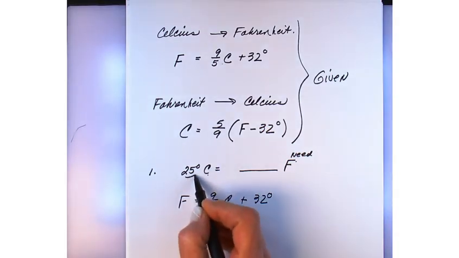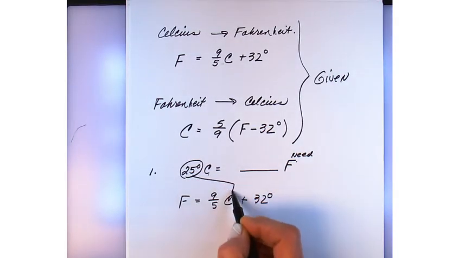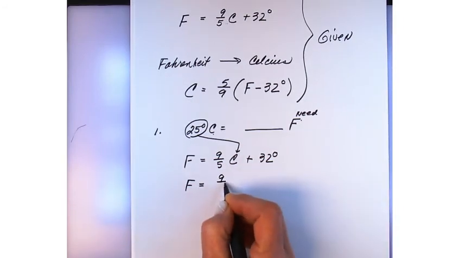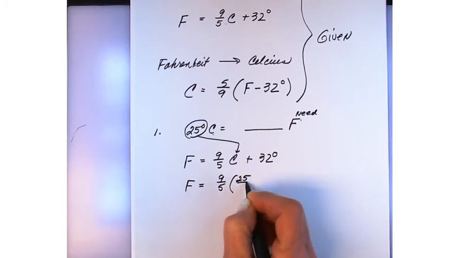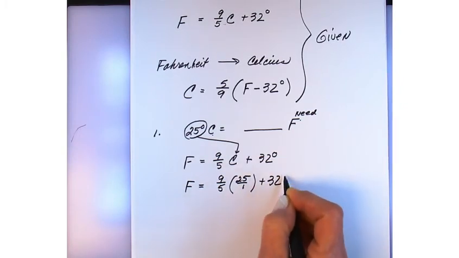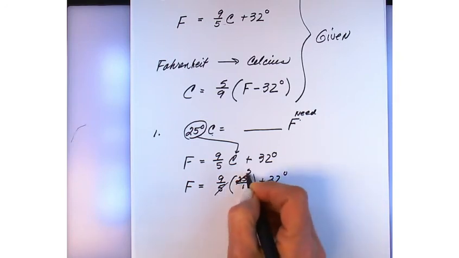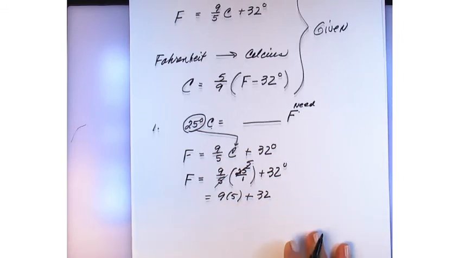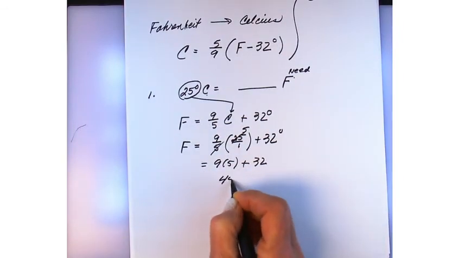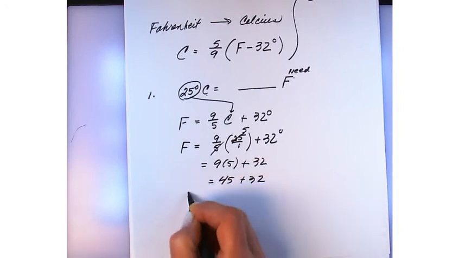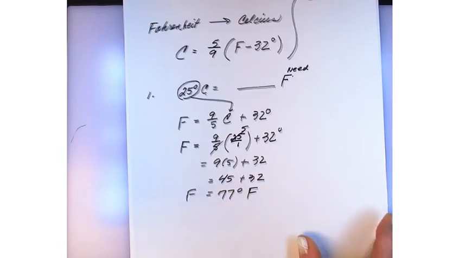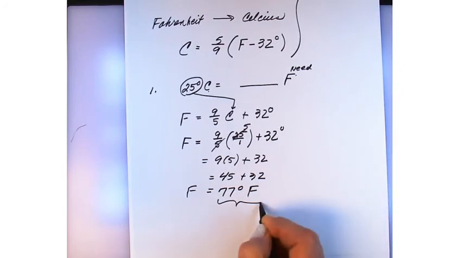I'm going to substitute this 25 in for C, and now I get F equals 9/5 times 25 over 1 plus 32 degrees. I have 9 times 5 plus 32 gives me 45 plus 32. Fahrenheit is 77 degrees. Okay? Or 77 degrees Fahrenheit would be a better way to write that.